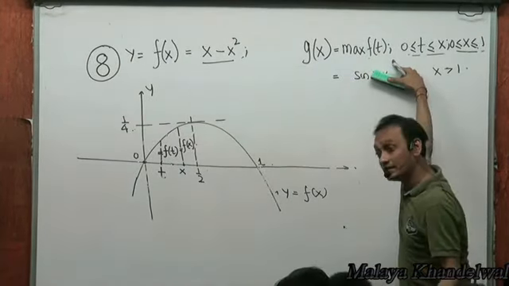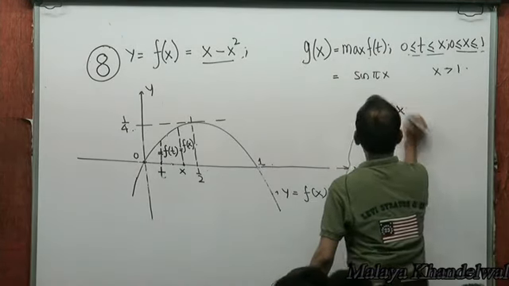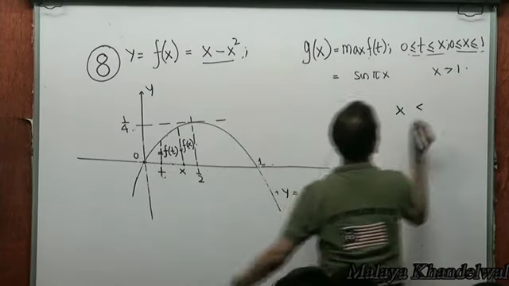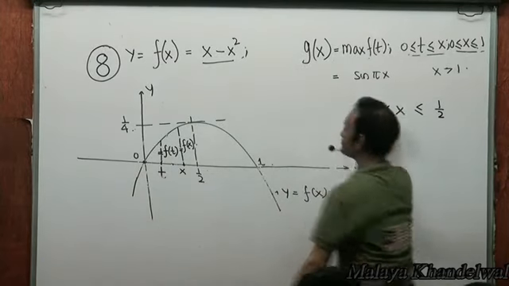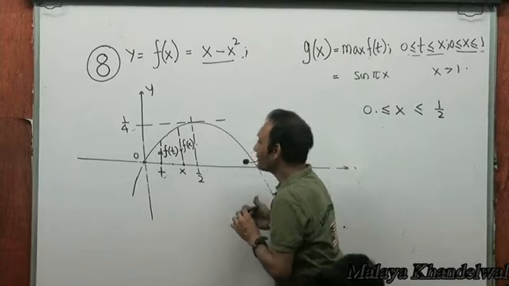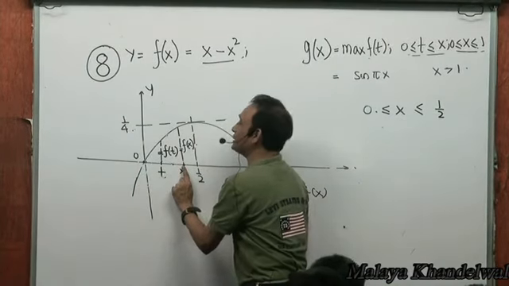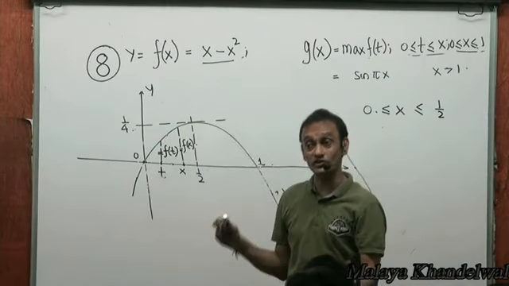Which means, if there is an x that is less than or equal to half but greater than or equal to 0, then while t runs from 0 to x, the greatest f(t) will be f(x) itself, yes or no?